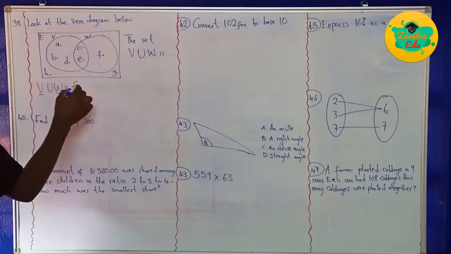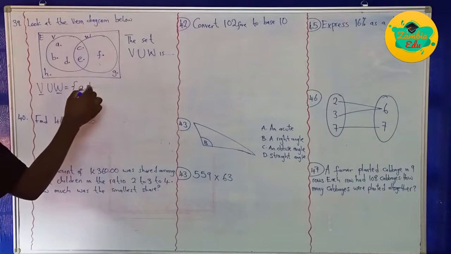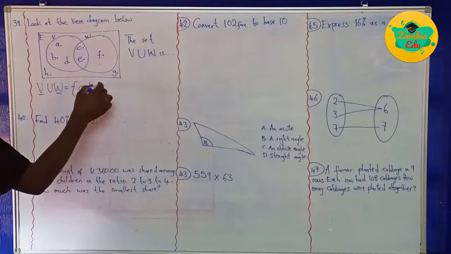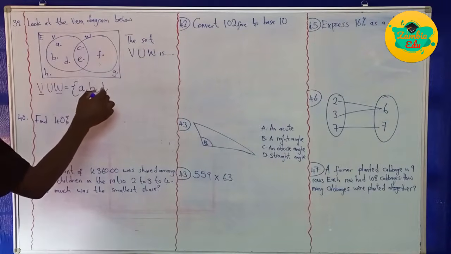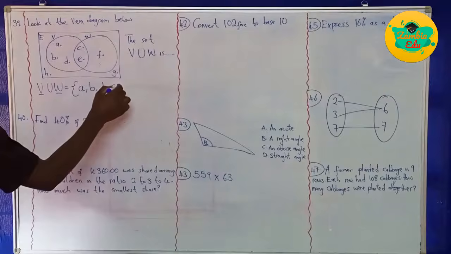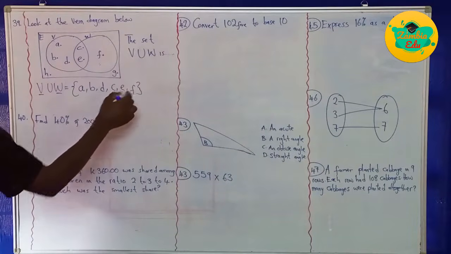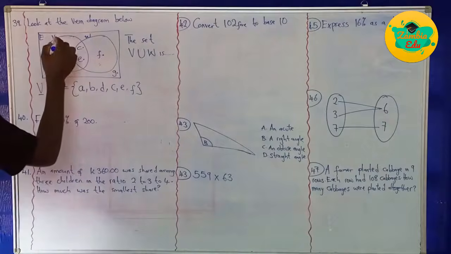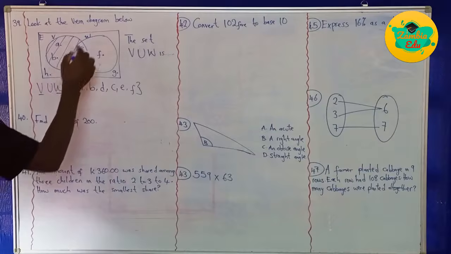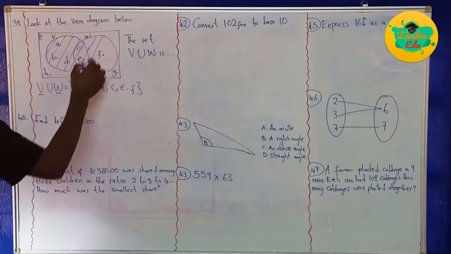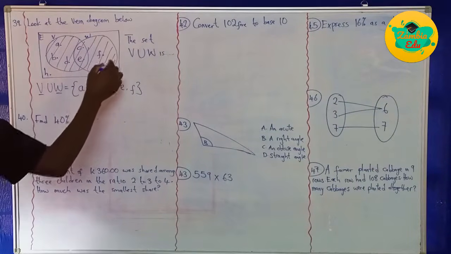and so we get everything in V and everything in W in that way. So we get A, comma, B, comma, D, comma, C, comma, E, comma, F. So V union W is everything under this shaded area. So we write them all down.